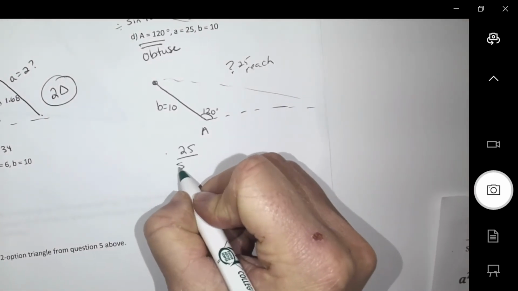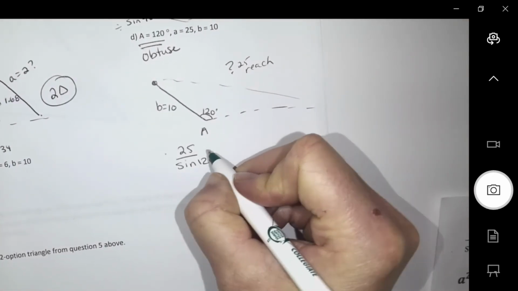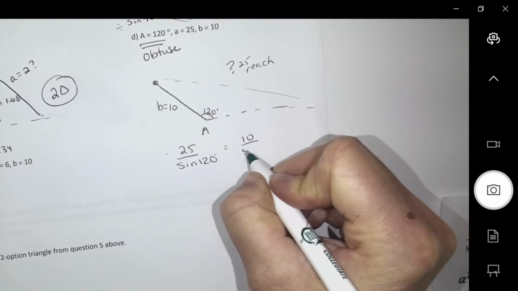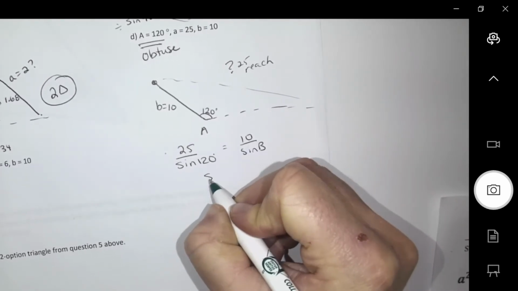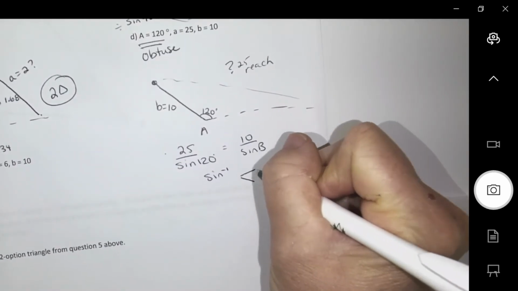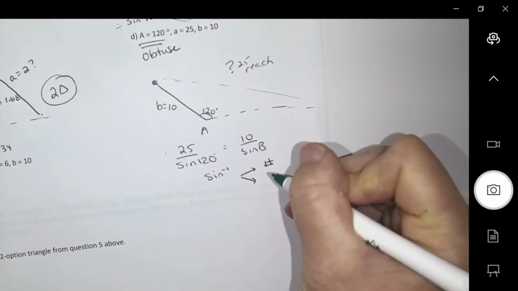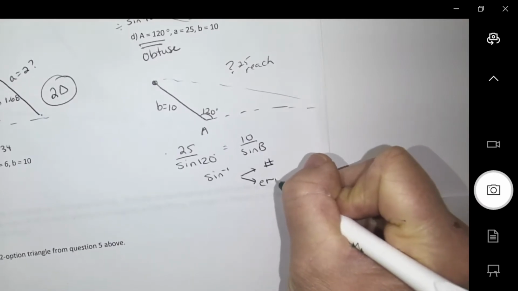So 25 over sine 120, 10 over sine b. And when we do the inverse, we're either thinking about, did it give me something or an error? That's what we're trying to just figure out. Is it going to be reaching or not reaching? So that's the obtuse situation.